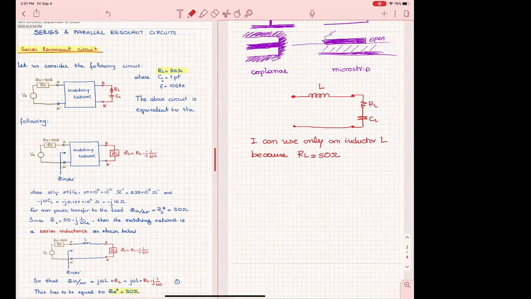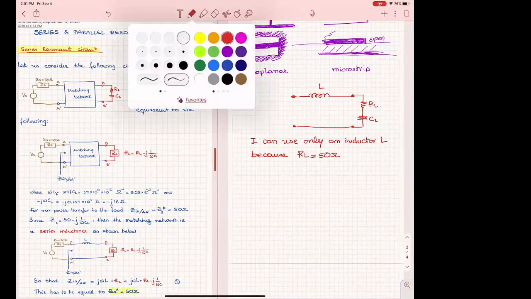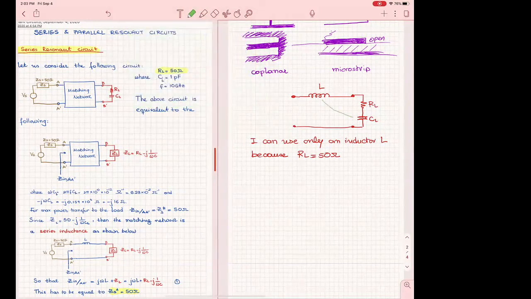So if I use the inductor to cancel the capacitor, then what is left is going to be exactly 50 ohms. And that's why it worked.